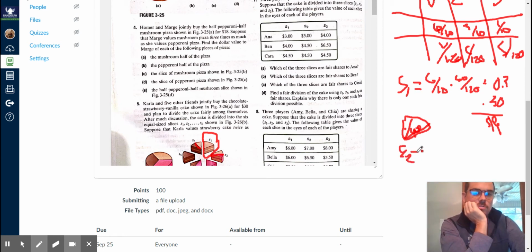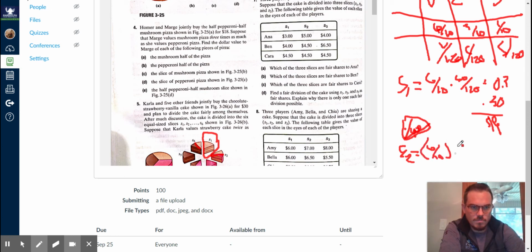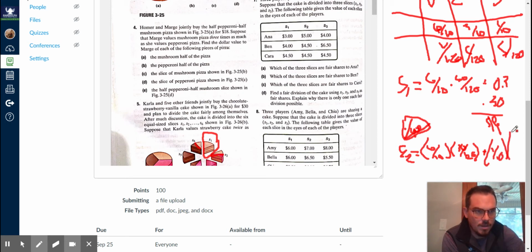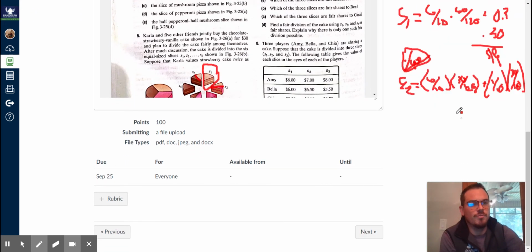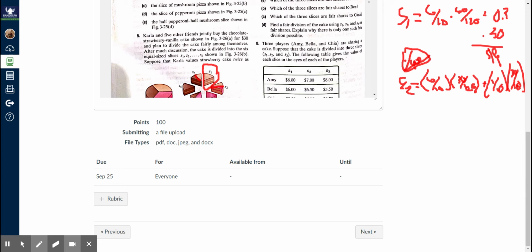S2 right here has a 30-degree angle of vanilla and a 30-degree angle of strawberry. So this will be 6/10 times 30 out of 120. And then you're going to add that to 1/10, and then strawberry would be, again, 30 out of 120. So from there, I'll do all of that in Desmos as well.